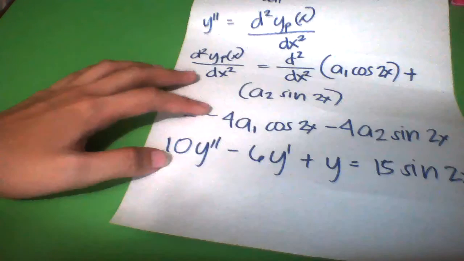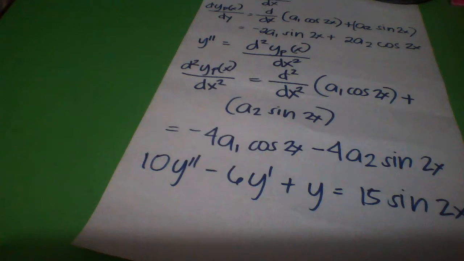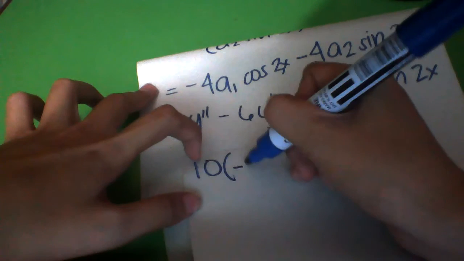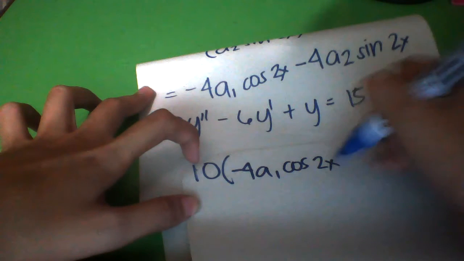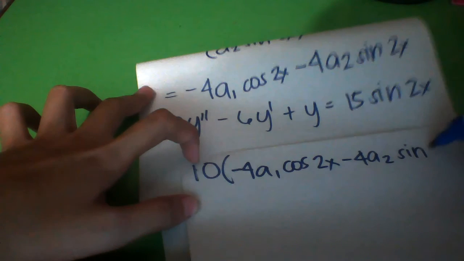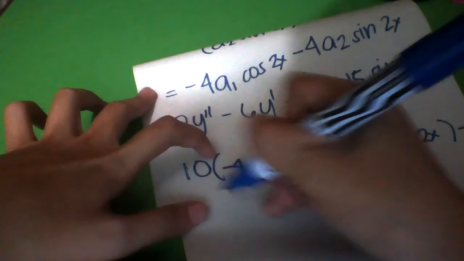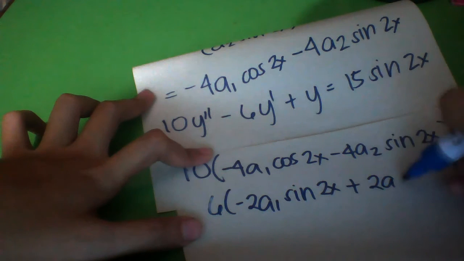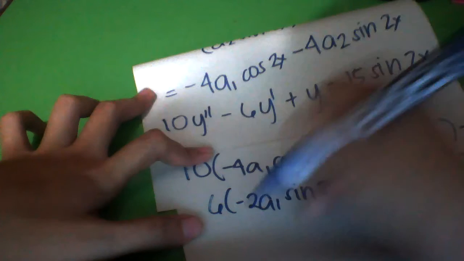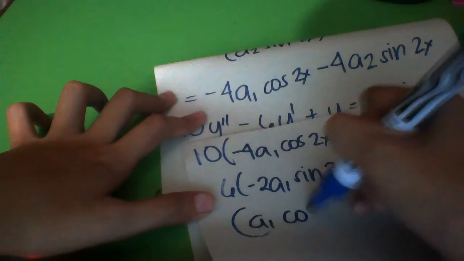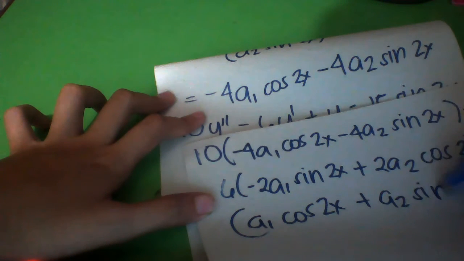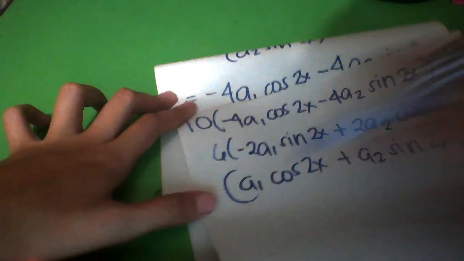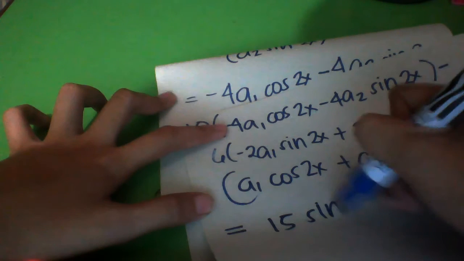So from this it will become, substituting y double prime from this, negative 4a1 cosine 2x minus 4a2 sine 2x minus 6 times (negative 2a1 sine 2x plus 2a2 cosine 2x) plus a1 cosine 2x plus a2 sine 2x is equal to 15 sine 2x.